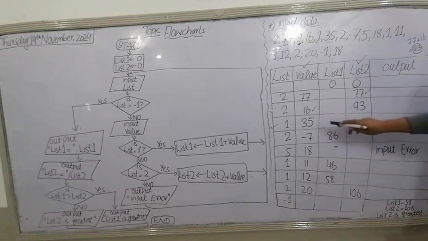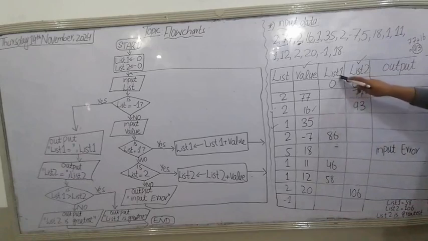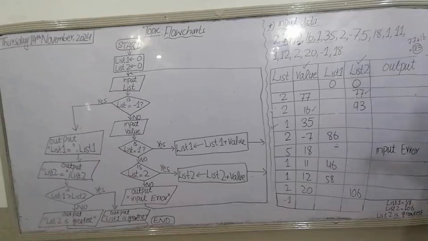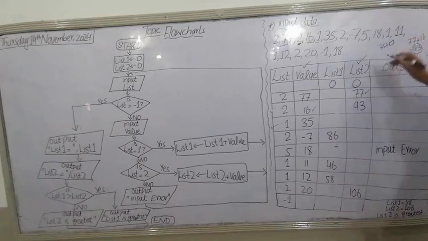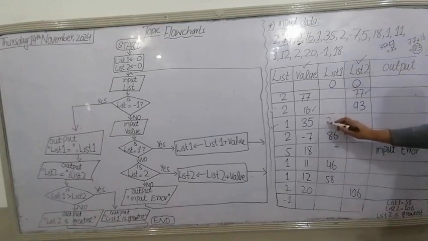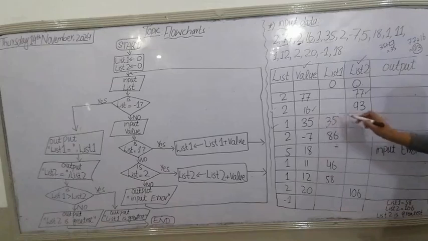So as you can see in this step, there is no value in the variable called list 1. And what do we have in the variable called value? We have 35. So it's the same step, means 35 plus an empty box, so it will be equal to 35. So that is how in this variable list 1 we will get 35, right?